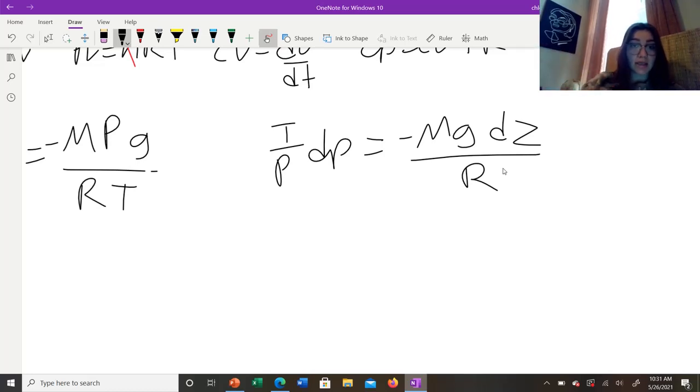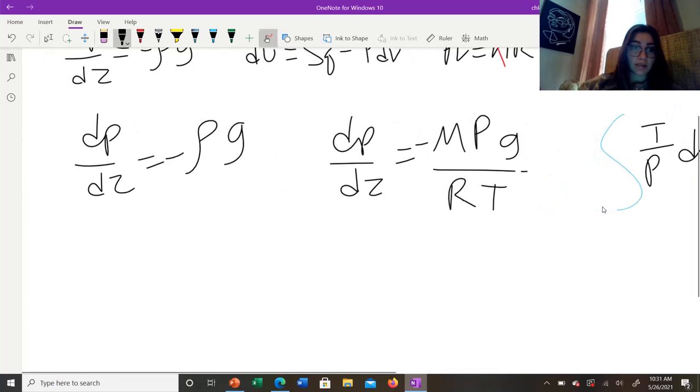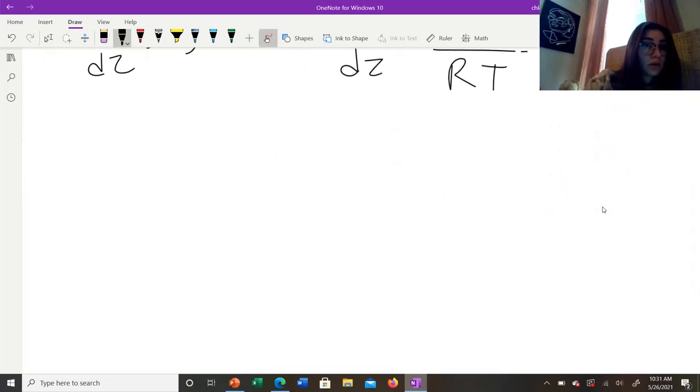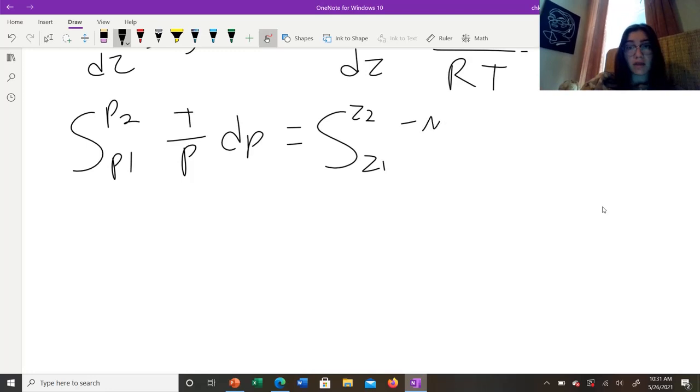From here, we want to take the integral of both sides. So let's do that down here. Write the integral from P1 to P2 of T over P dP equals the integral from z1 to z2 of negative m g over R dz.